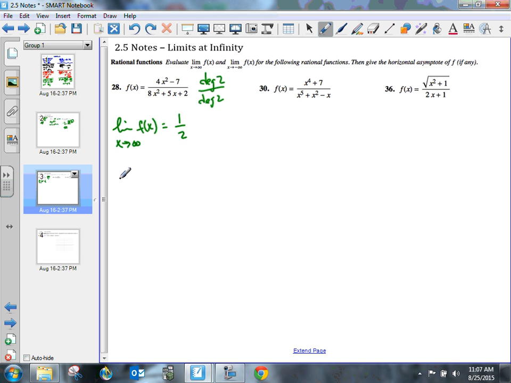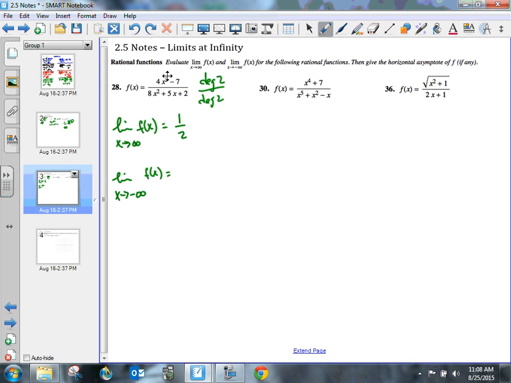Now let's look at the limit as x approaches negative infinity of our function f of x. As we approach negative infinity, what we have to consider here is what's happening to the sign. Because we have the same degree here and here, we have to make sure that we're taking our sign into account.